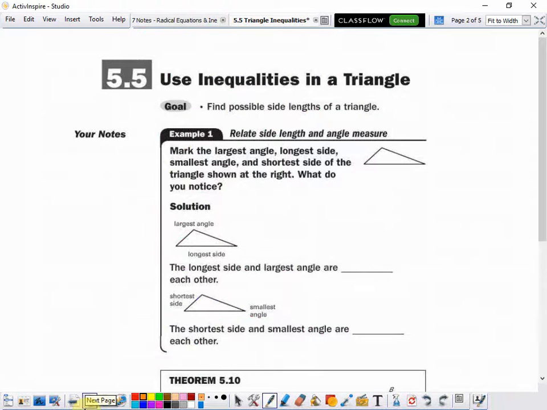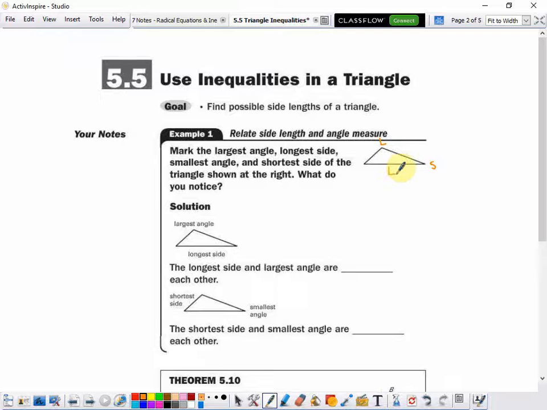Now we'll get to inequalities in a triangle. Mark the largest angle and the smallest angle, as well as the shortest side and the longest side. So here's the largest angle, and here is the smallest angle.